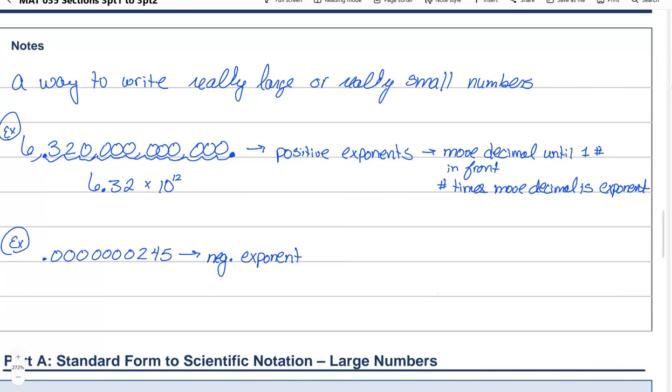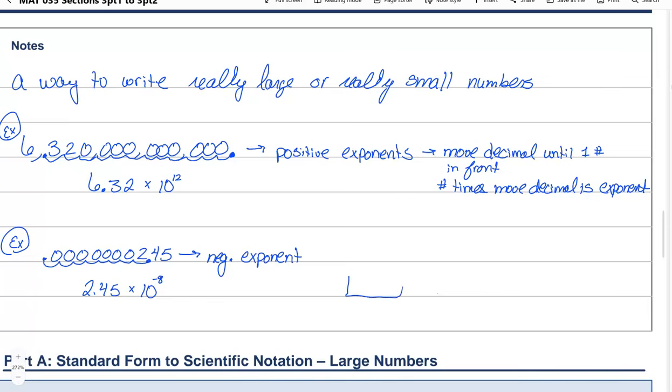So we're going to do the same thing. We're still going to move the decimal. We're starting here on the left-hand side, and we're going to move that decimal 1, 2, 3, 4, 5, 6, 7, 8. I'm going to stop when I get one number in front. So this is 2.45 times 10, and then you talk about how many times you moved the decimal. We moved the decimal 8 times. Because it's a super small number, it's going to be a negative 8.